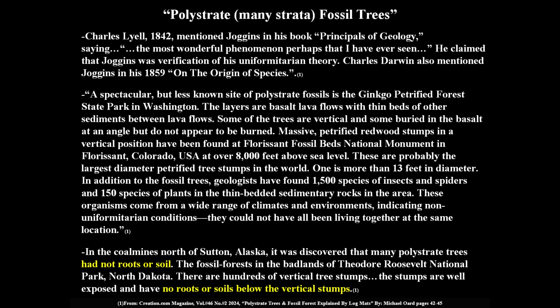In addition to the fossil trees, geologists have found 1,500 species of insects and spiders and 150 species of plants in the thin-bedded sedimentary rocks in the area. These organisms come from a wide range of climates and environments, indicating non-uniformitarian conditions. They could not have all been living together at the same location.